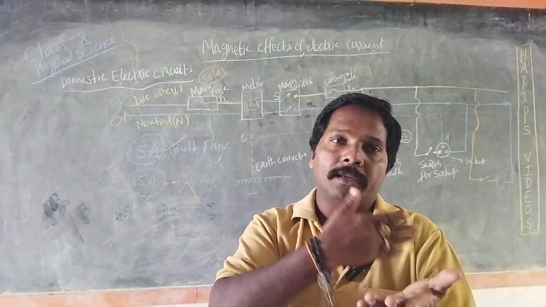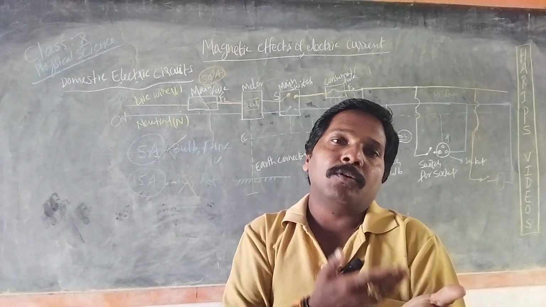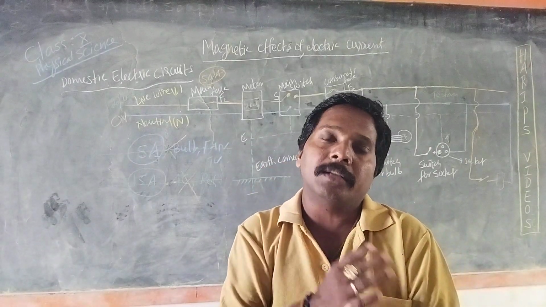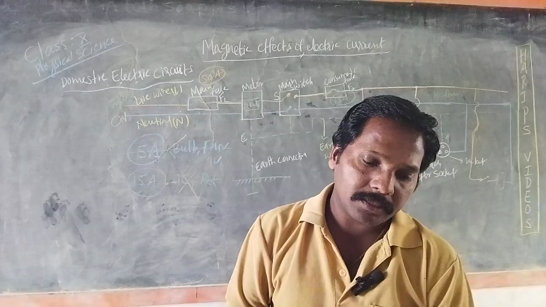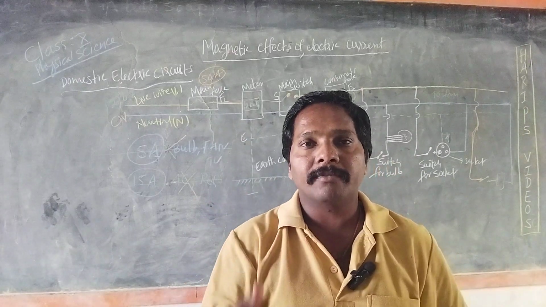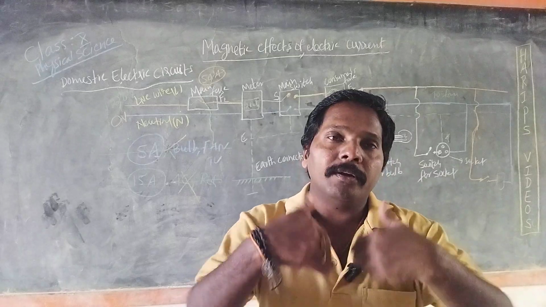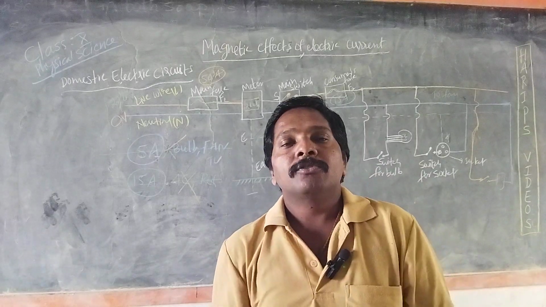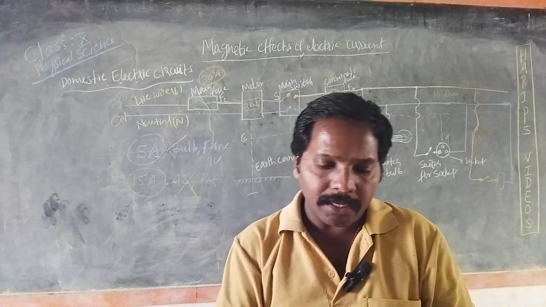Means the outer coating, the insulating cover is removed. So this naked live wire may touch the metal case of the electric iron. When we touch it, unfortunately, so what will happen? We get the electric shock.